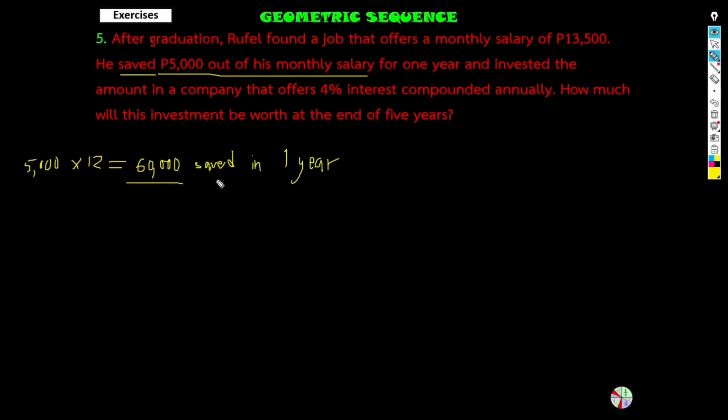So this investment is just savings for 1 year only. In the next year he did not save, so he just used the 60,000 to be saved with an annual interest of 4%. So 5 years. In the first year, the starting money is 60,000, times 1.04, since there's an interest.